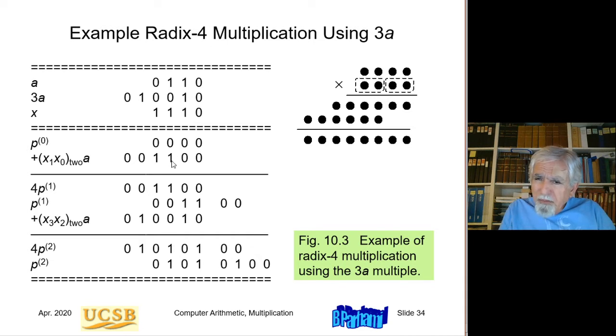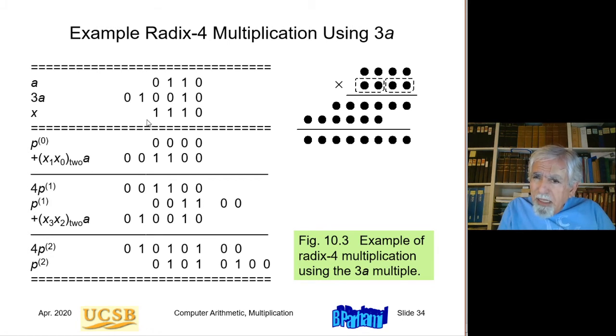This is 2 times a. Add, and then right shift. Because after right shift we have P1, the first partial product, I call this previous result, which is not yet shifted, 4 times P1. So adding those two numbers gives me 4 times P1. And then when I right shift it by 1 radix 4 digit, it gives me P1.